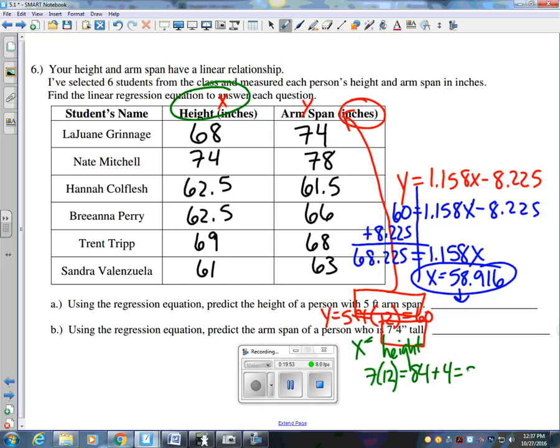So you get 88. So X is 88. But we need to predict the arm span, so we're going to have to plug it into our equation. So 1.158 times 88 minus 8.225. Type that in your calculator. 1.158 parentheses 88 minus 8.225. So you get 93.679 as your answer.